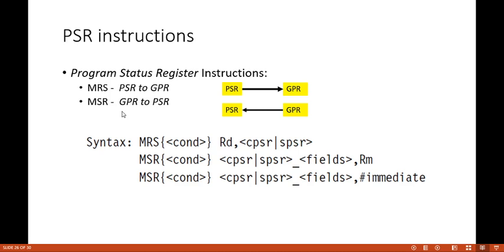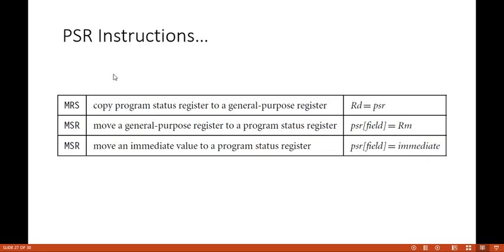When you give MSR, it will transfer the contents of the GPR to the PSR. MRS means copy the program status register to a general purpose register. MSR means move a general purpose register to a program status register. There are two things available in MSR: transfer a GPR to the PSR, or transfer an immediate value to the PSR. This is given here.